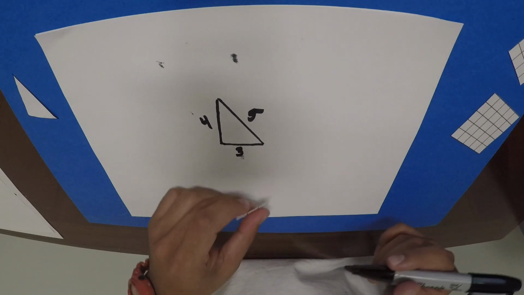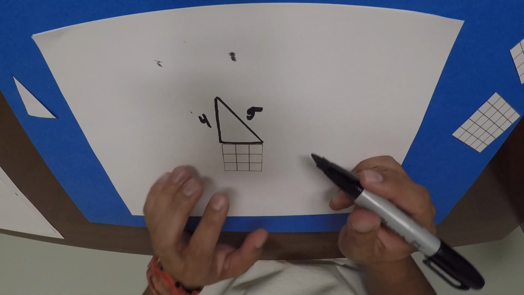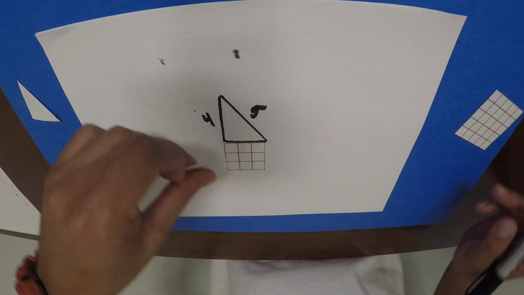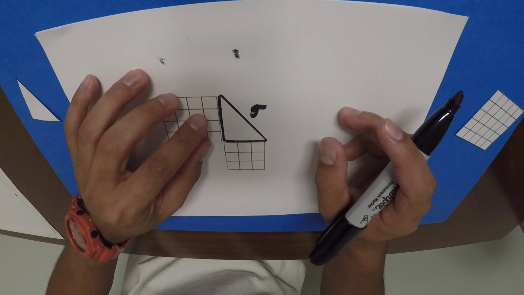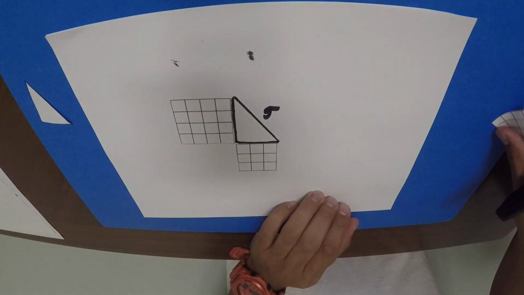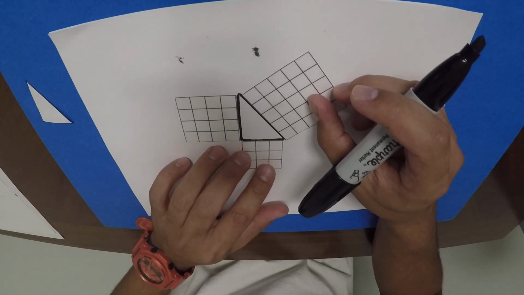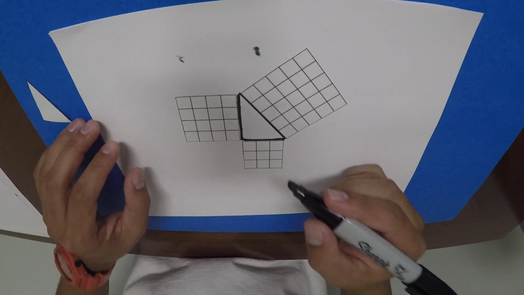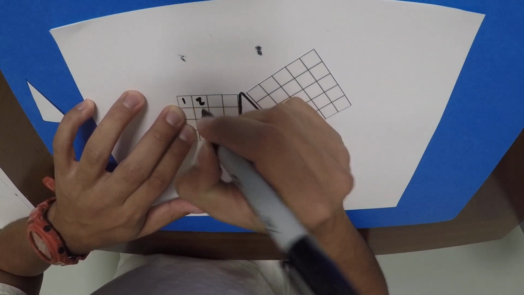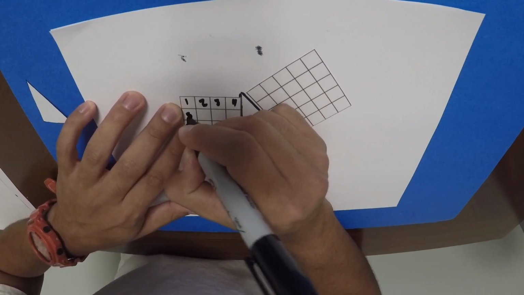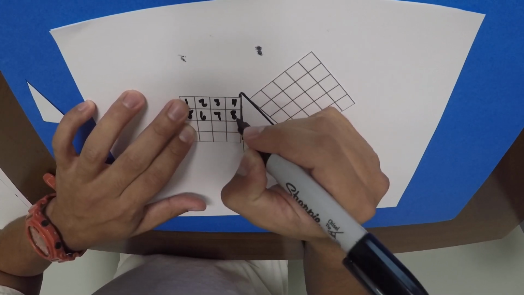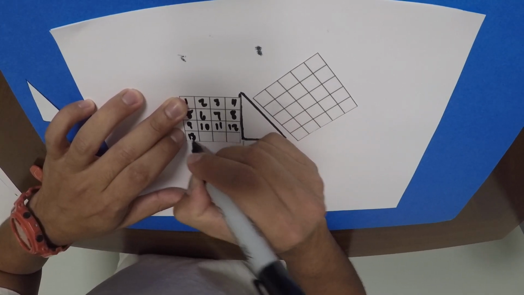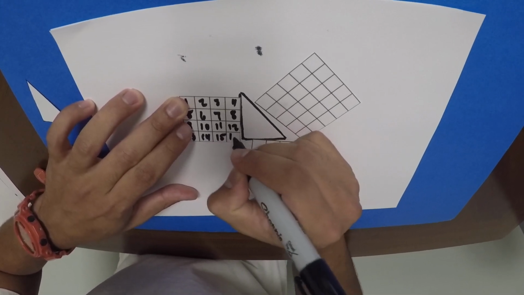Given this, we have this 3x3 grid, this square that's 3x3 lengthwise, and then we have this square that's 4x4 lengthwise, and then this square that's 5x5 lengthwise. So we know that this is 1, 2, 3, 4, 5, 6, 7, 8, 9, 10, 11, 12, 13, 14, 15, 16.